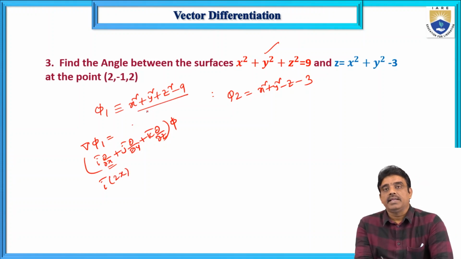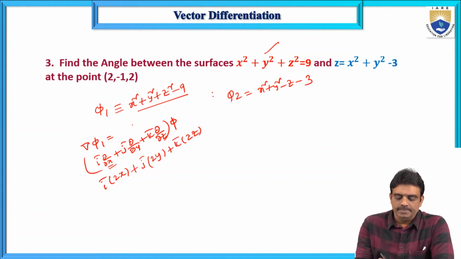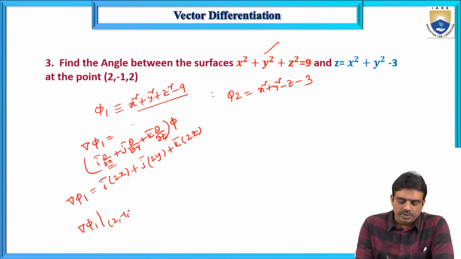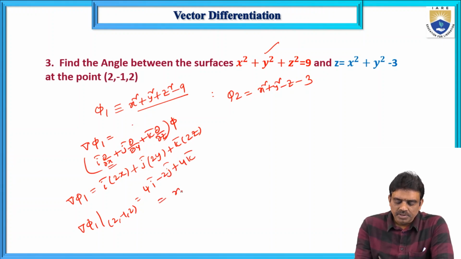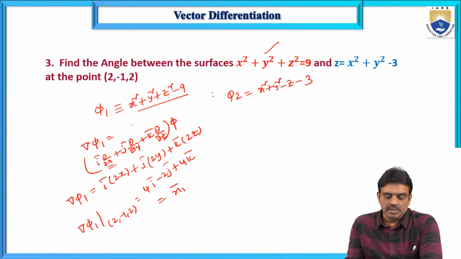When you do the partial derivative with respect to x, the other terms will be 0. Similarly, j bar into dou by dou y gives 2y, plus k bar into 2z. This is grad phi 1 at any point. Then grad phi 1 at the point (2, -1, 2) is 4i bar minus 2j bar plus 4k bar. This is the first normal vector to the surface.